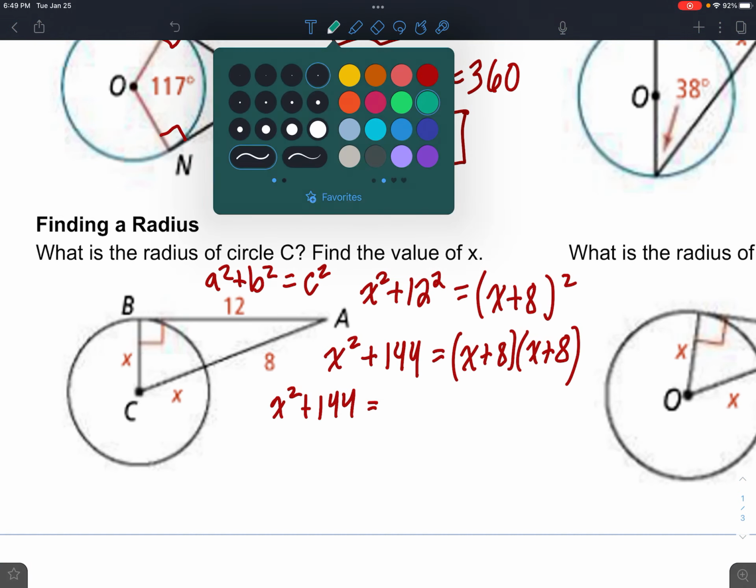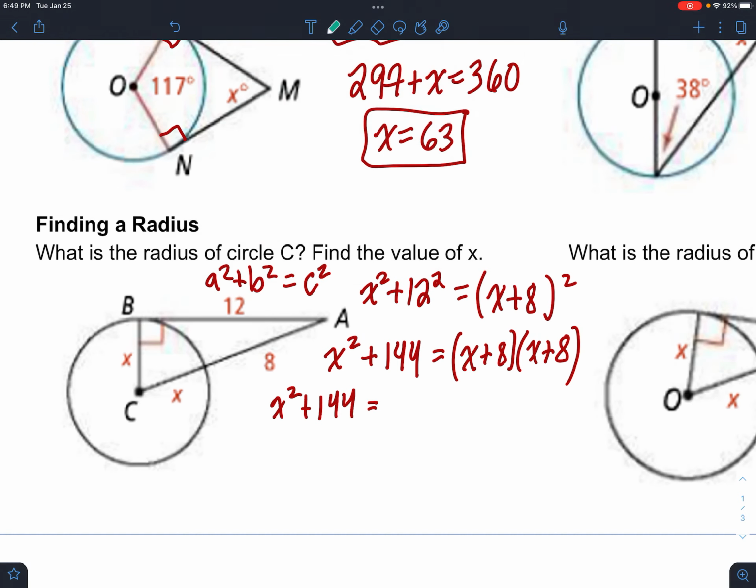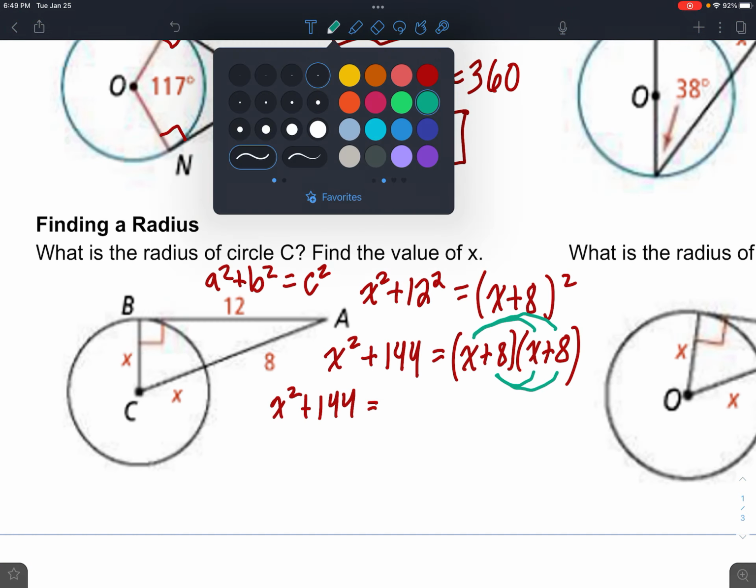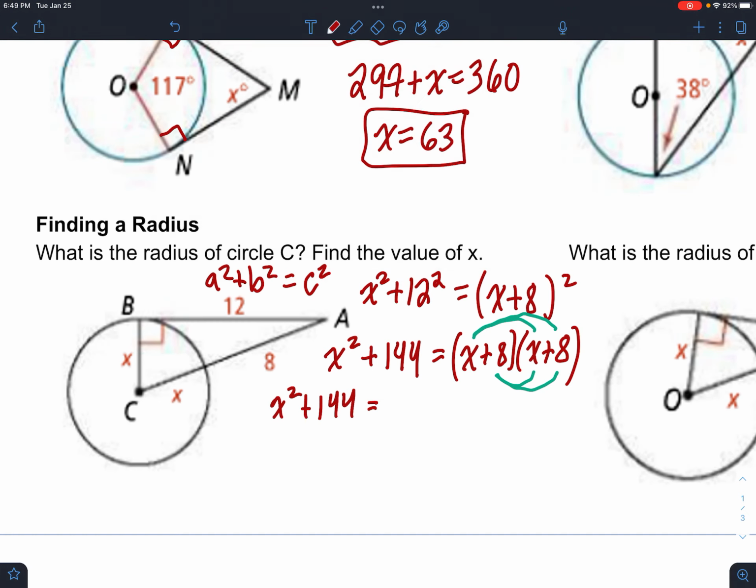You've definitely done this before, may have been a while, but you always do the firsts, the outers, the inners, and the lasts. That stands for FOIL. And you multiply, it's like distributing. So this is going to be x squared plus 8x plus 8x plus 64.